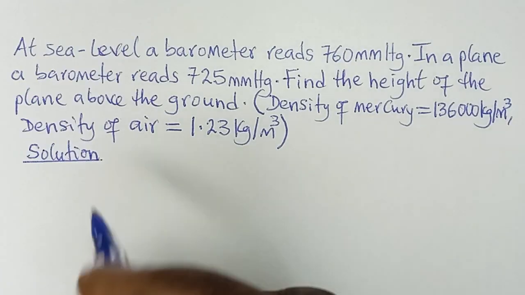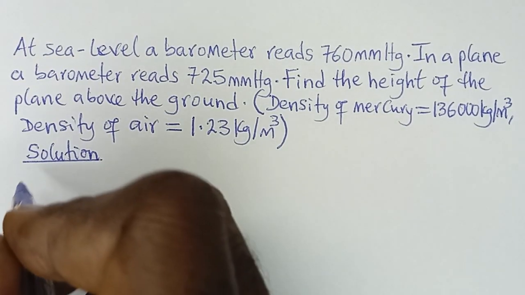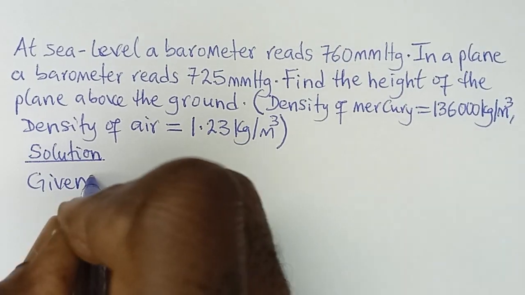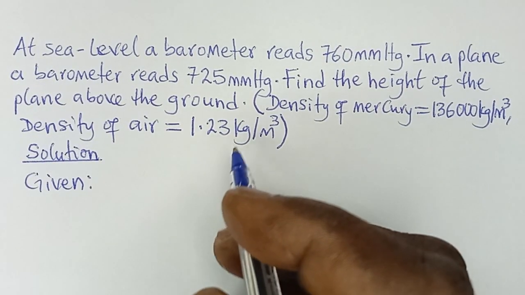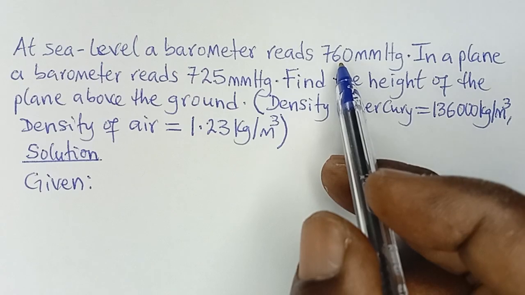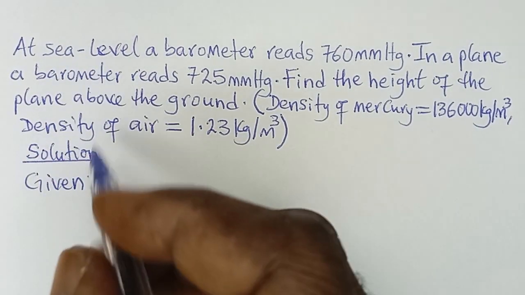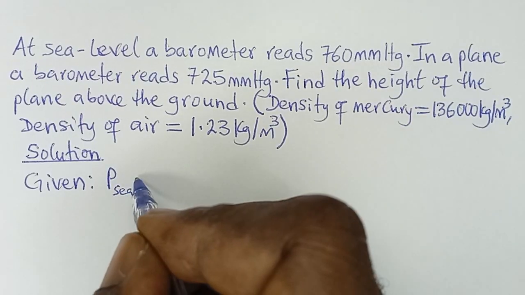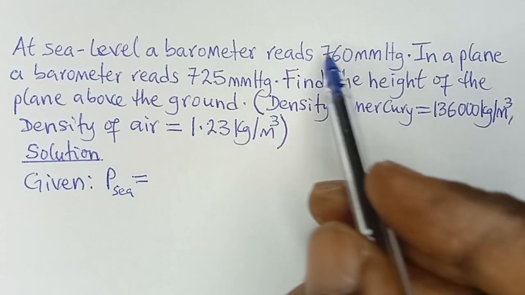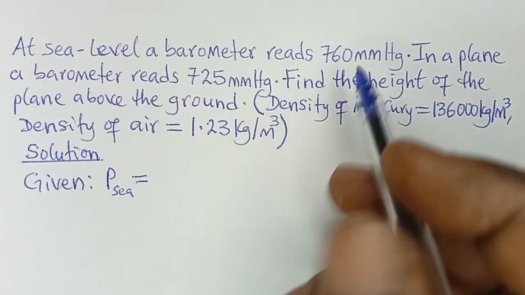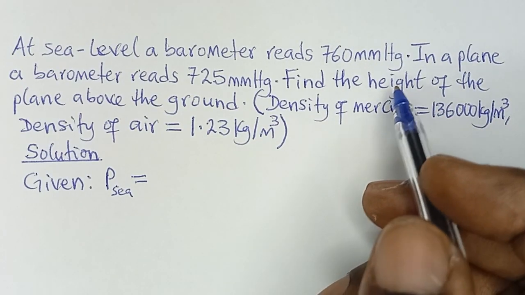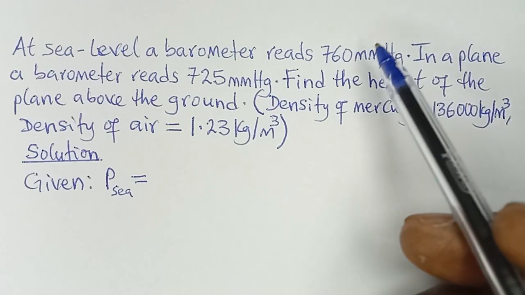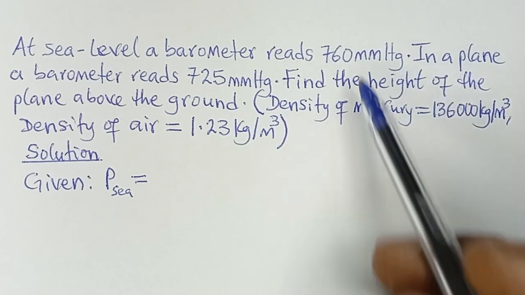So now, let me start by writing out the given quantities in the question. We are given the pressure at sea level, so I'll call that P0, as 760 millimeter mercury. But in this problem, we are going to be using pressure in meter mercury, not millimeter mercury.